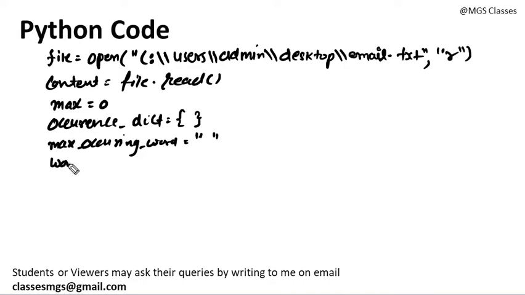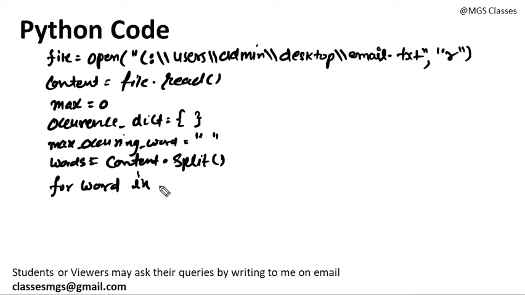So the words in the file will be what? Content is the string that has the content of the file in string format. I am going to use the split method. Split method will return a list of items. I am going to iterate over this list, for word in words, and now I am going to count the frequency of this word using the count method.